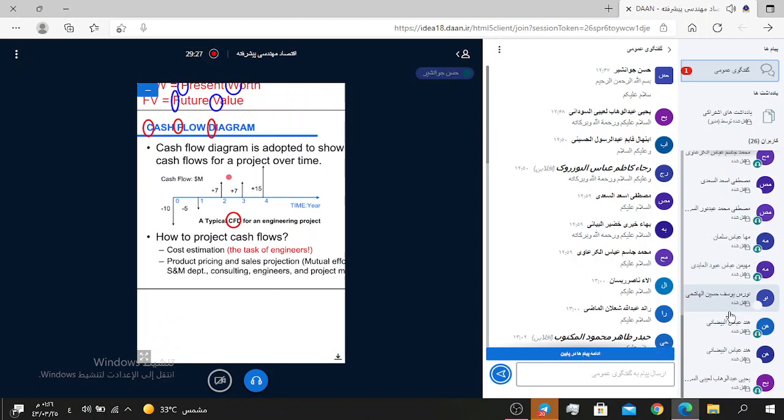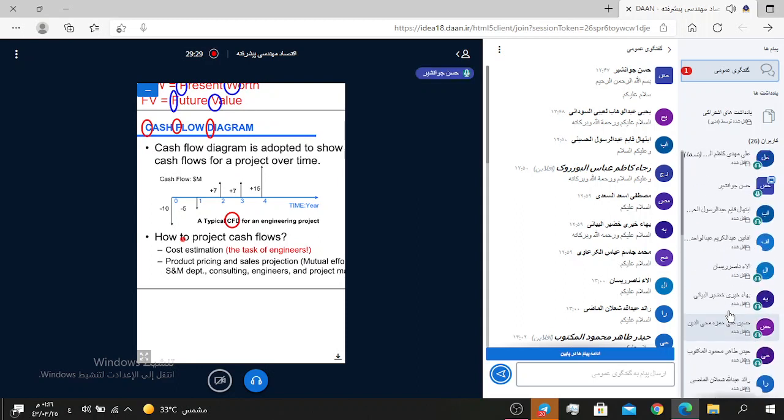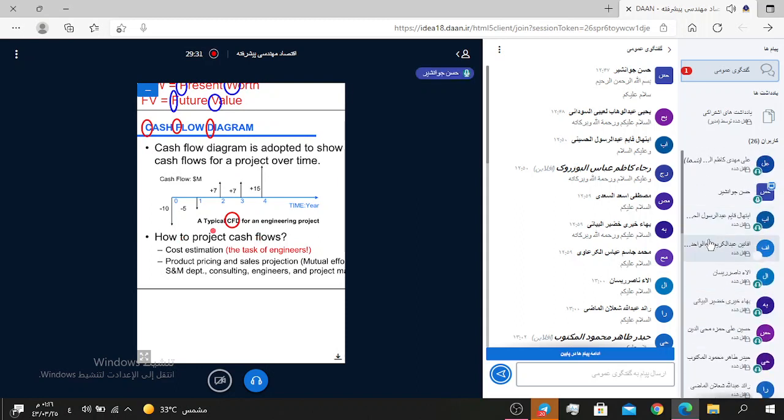For a cash flow diagram, a typical CFD, you can calculate it.